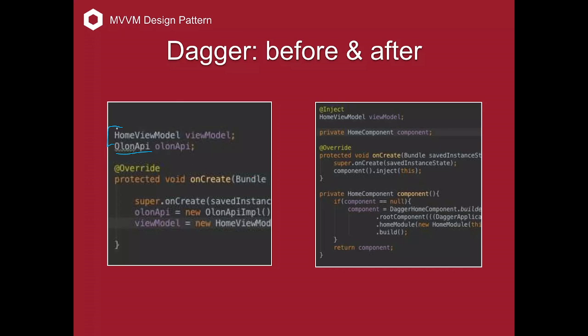So it becomes very difficult to manage all those dependencies. To overcome this, we just have to initialize our component only, and do component dot inject this. Whatever dependencies we are using, we don't need to initialize them individually.